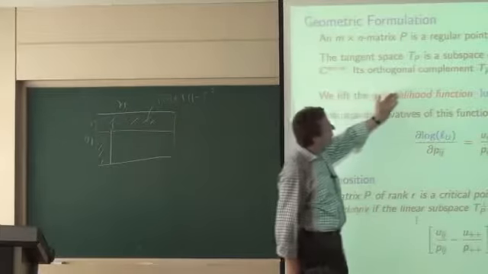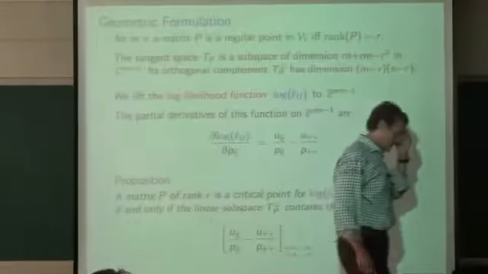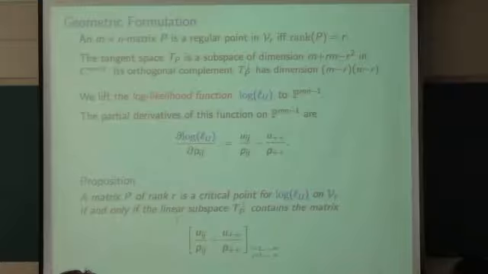So we have the orthogonal complement. Its dimension is the codimension of the variety.